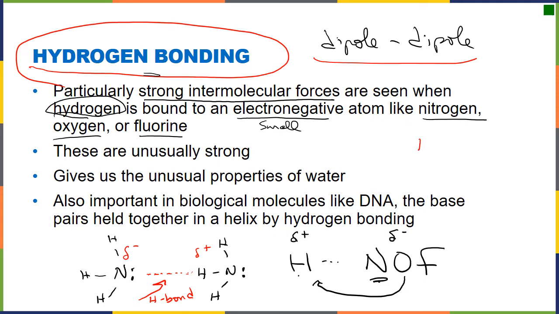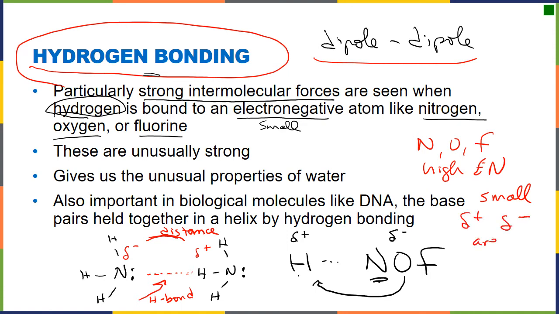One, nitrogen, oxygen, and fluorine have a very high electronegativity, and the other thing that they have is that they are very small, which means that the distance in between here, this distance, is very small. And this partial positive and partial negative are as large as they can get.